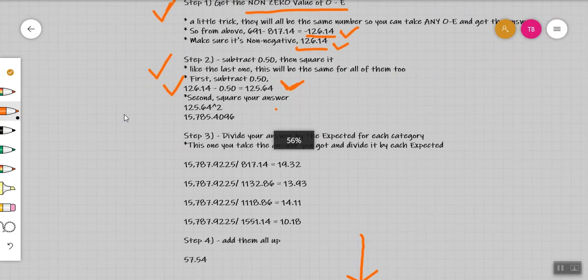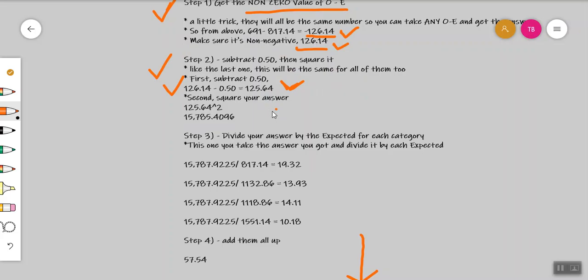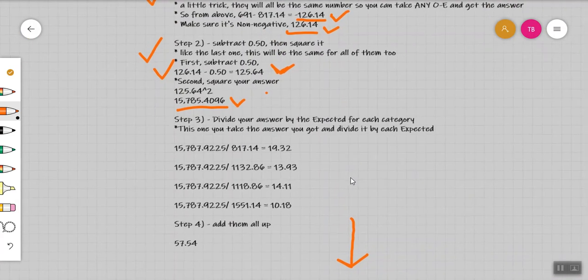So as we saw, we had 125.64 squared, and we got the number 15,785.4096. So we have that number. Step 2 is complete. This is the number you want to keep track of. Now step 3 is a little bit more.